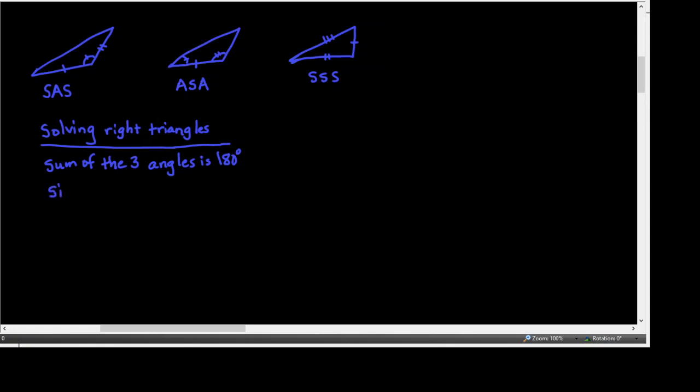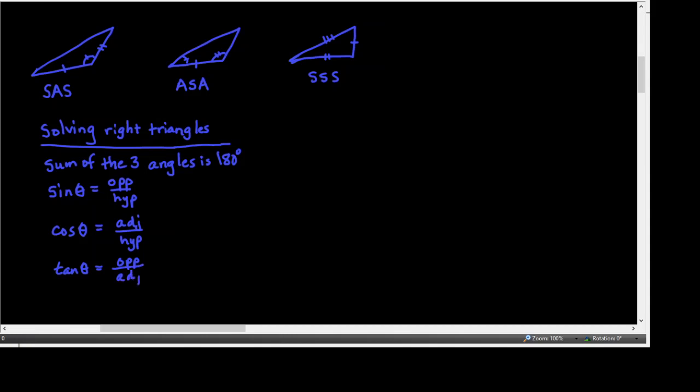We know that the sine of an angle is opposite over hypotenuse. We know that the cosine of an angle in a right triangle is adjacent over hypotenuse. Remember, this is all right triangle stuff. And tangent of theta is opposite over adjacent.